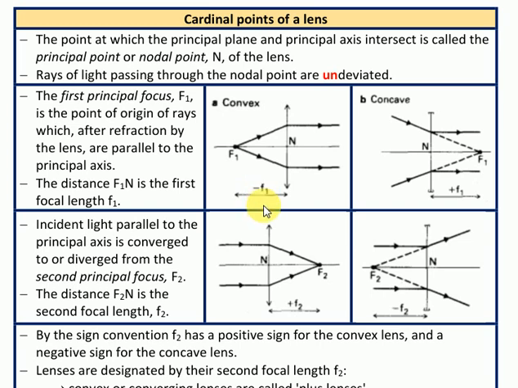This is also shown in this picture. Incident light parallel to the principal axis is converged to or diverged from a second principal focus represented by F2. The distance F2N is the second focal length.